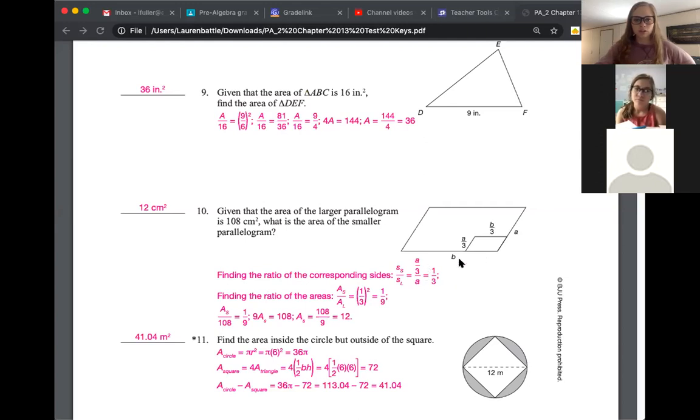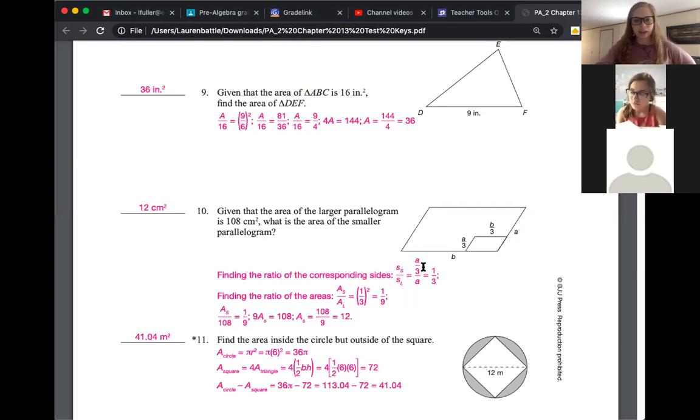Well, so take a look here. This side, A divided by 3, this one corresponds to the side of the bigger parallelogram, which would be, well, it's also A, so this side is A as well too. So A over 3 over A. Well, what's A over 3 divided by A?